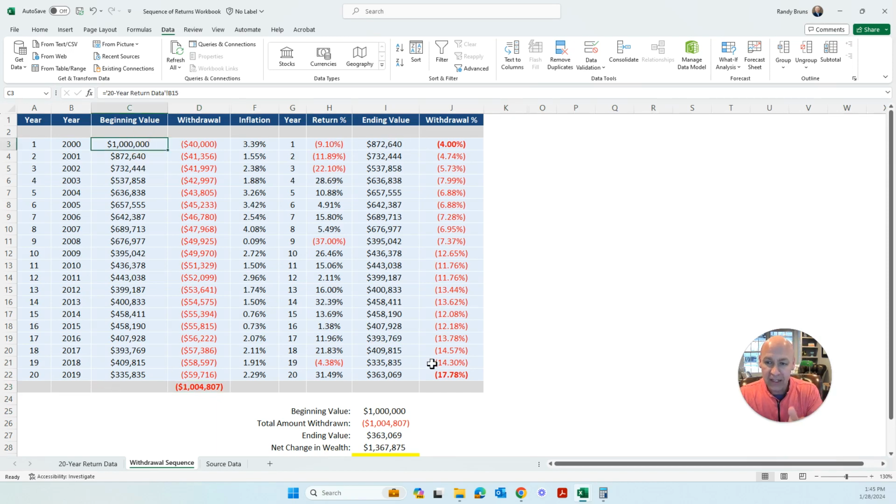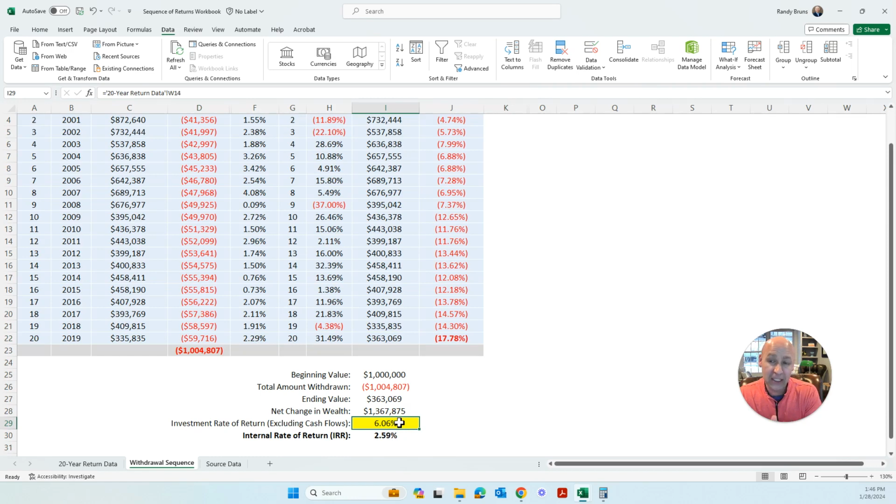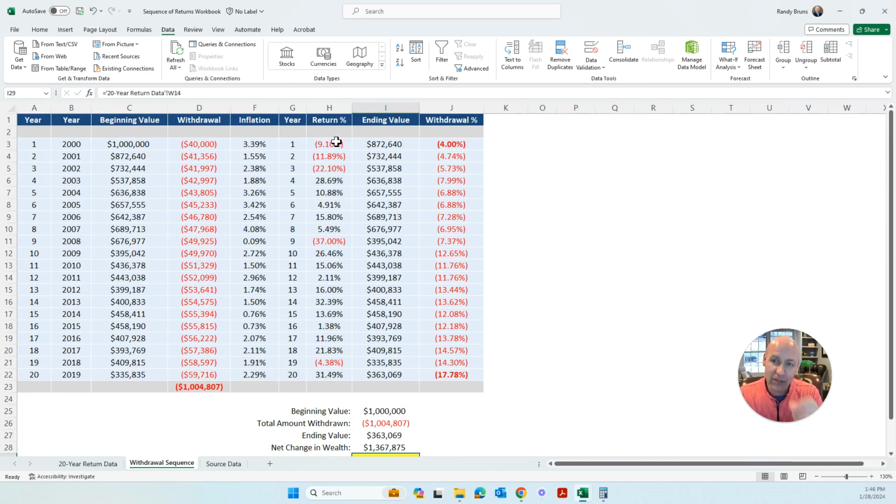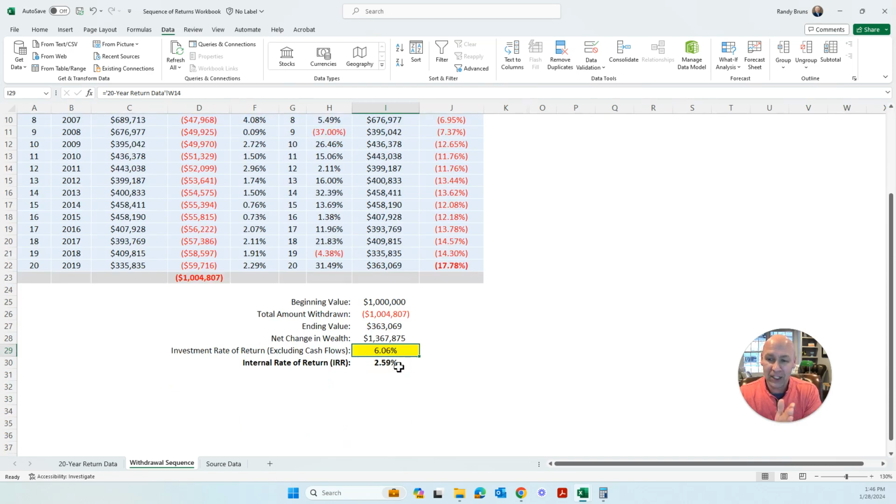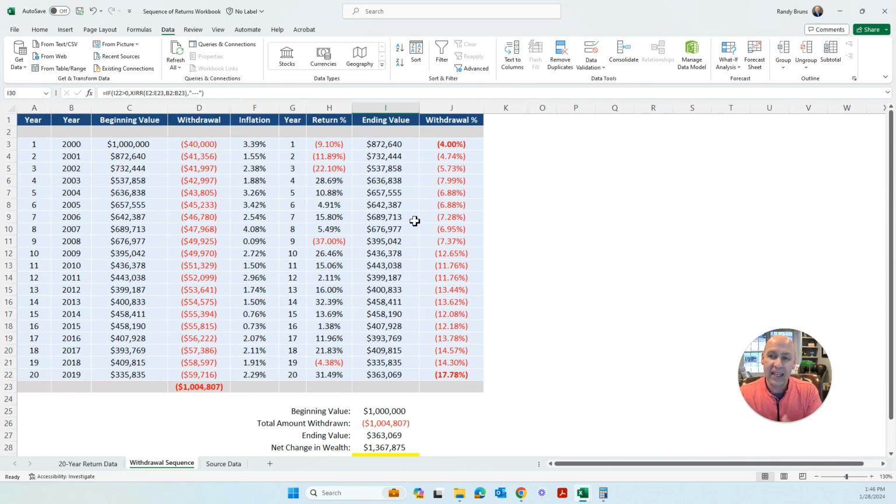Your $1 million would have fallen to $363,000. So yes, you got a 6.06% average, but your internal rate of return, when you factor in the sequence of returns, was actually just 2.59%. And when you look at that 4% withdrawal in year 20, it's now almost an 18% withdrawal.